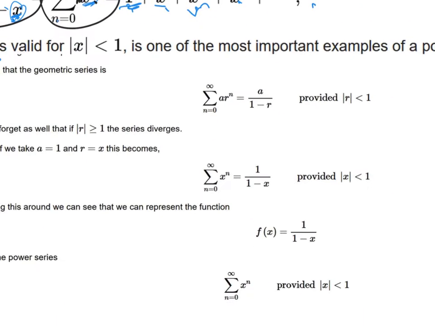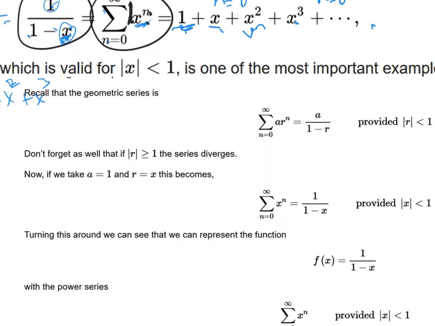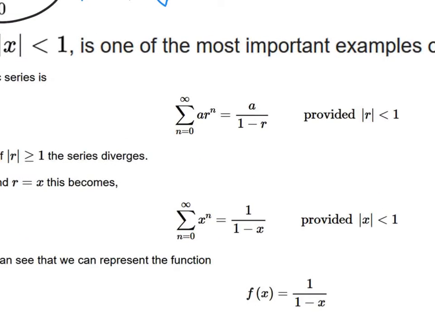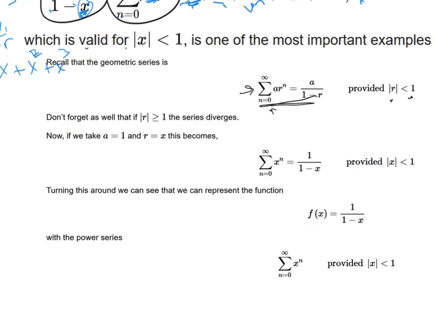Okay, so here's the same thing I told you about. Recall that, or so we had this before. We just didn't think about it. Probably didn't make that connection, and that only works if it's convergent. So the absolute value of r has to be less than 1. Obviously, if it diverged, it wouldn't have one.